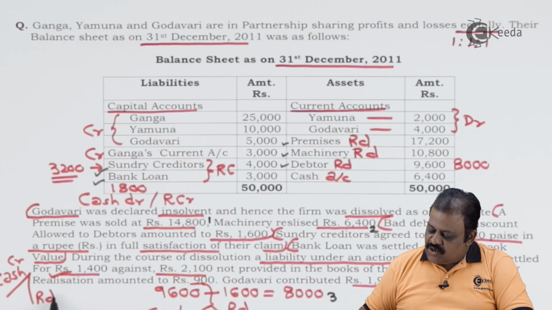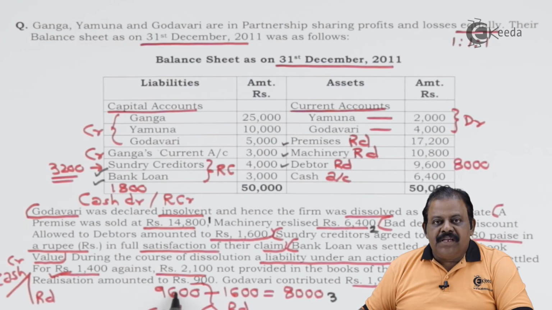The expenses of realization amounted to rupees 900. 900 paid, cash will be credited, realization account will be debited.